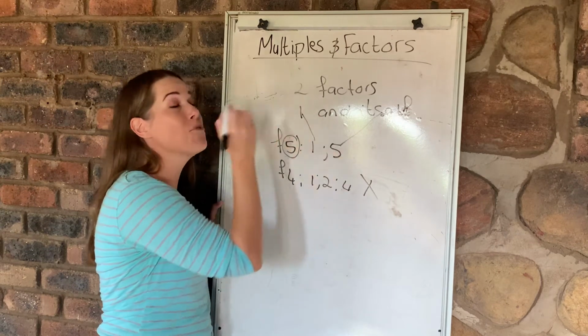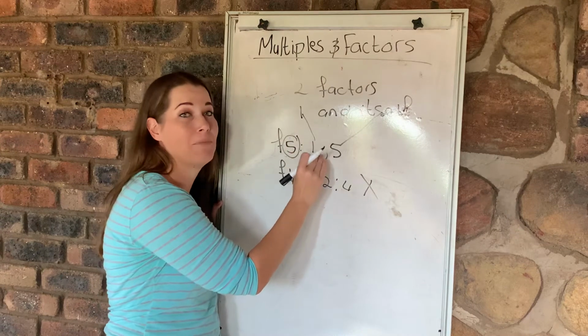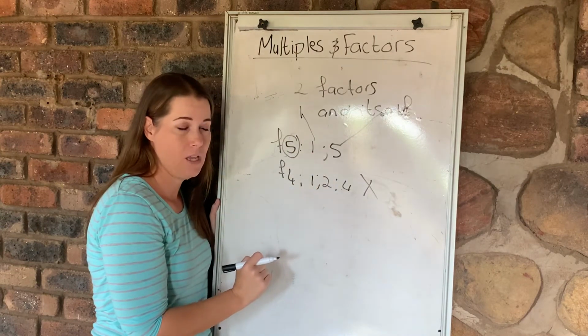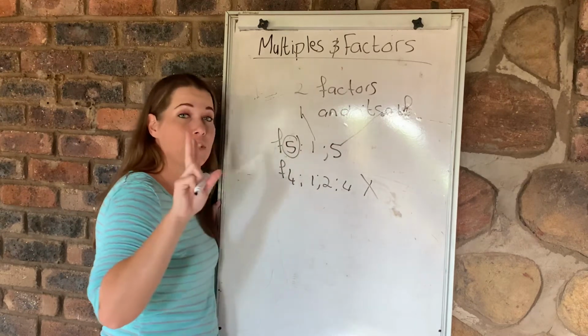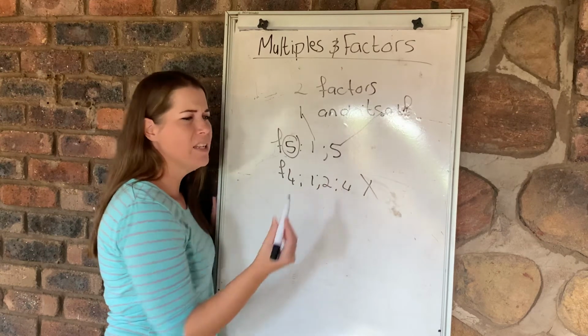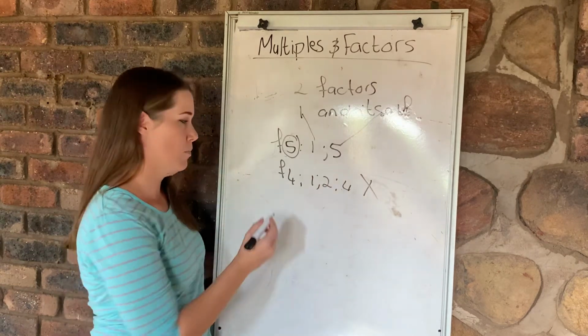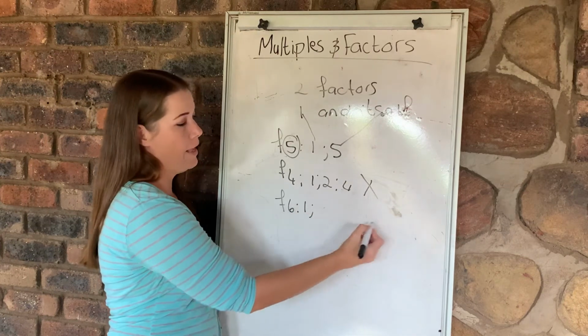All right, so prime factors are factors that are only prime numbers. All right. So that is important. A prime number only has 2 factors, 1 and itself. Now let's look at the number 6, for example. The factors of 6 would be 1 and 6.